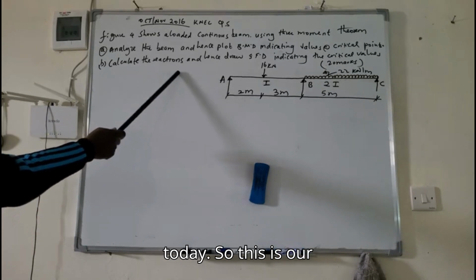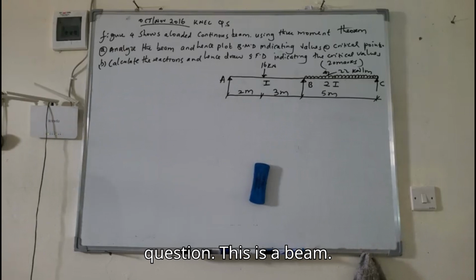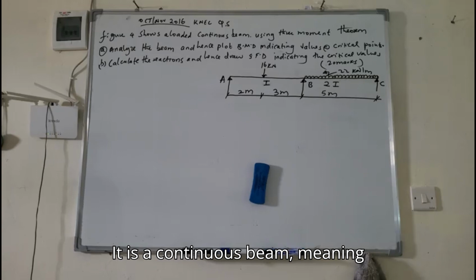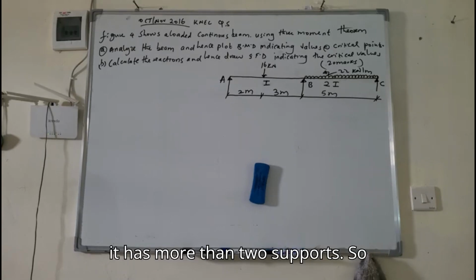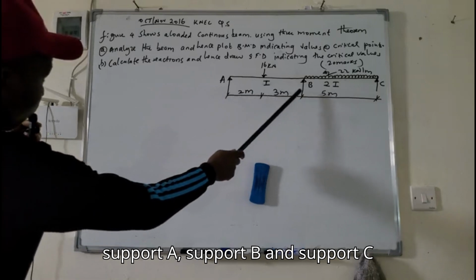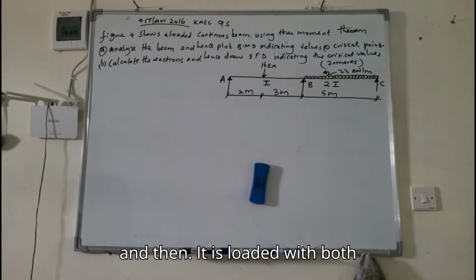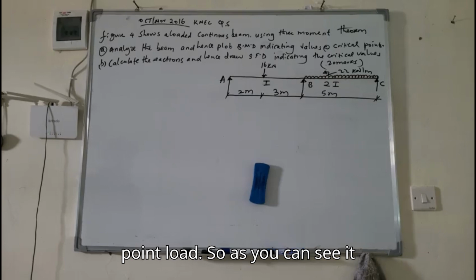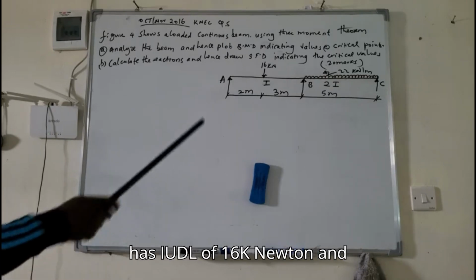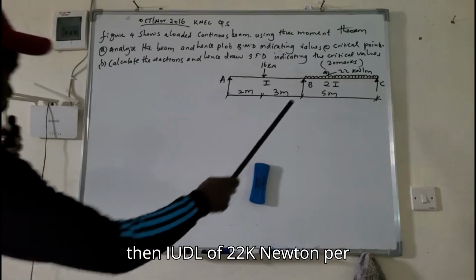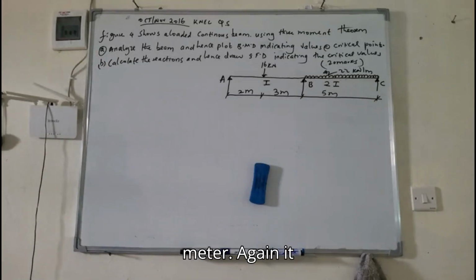So this is our question. This is a beam. It is a continuous beam, meaning it has more than two supports: support A, support B, and support C. It is loaded with both UDL and a point load. As you can see, it has a point load of 16 kilonewton and a UDL of 22 kilonewton per meter.